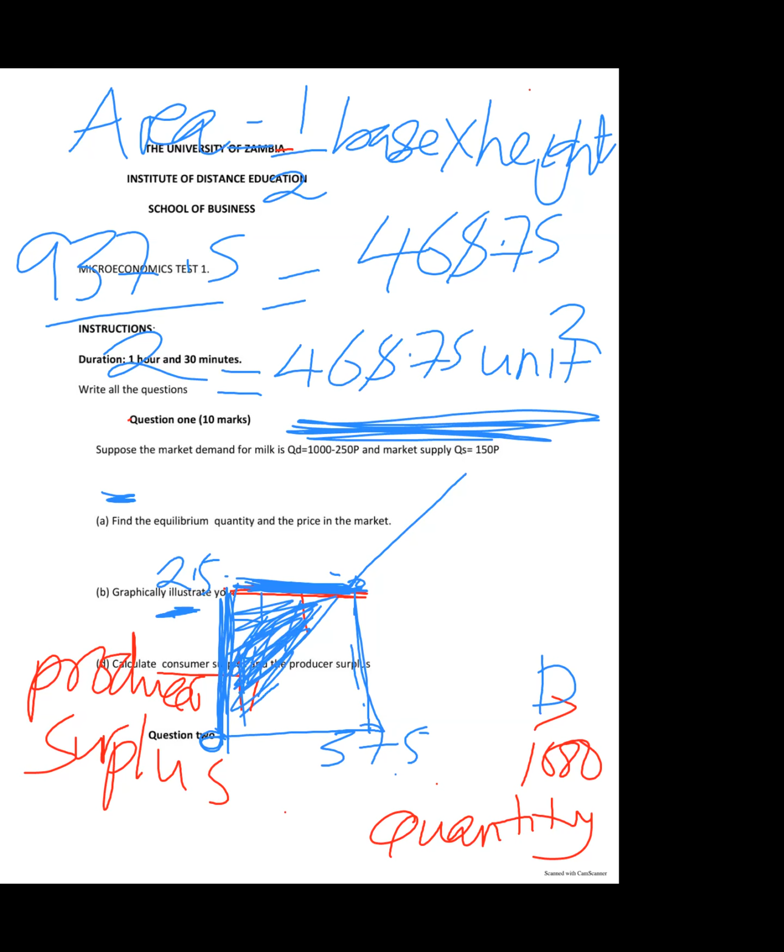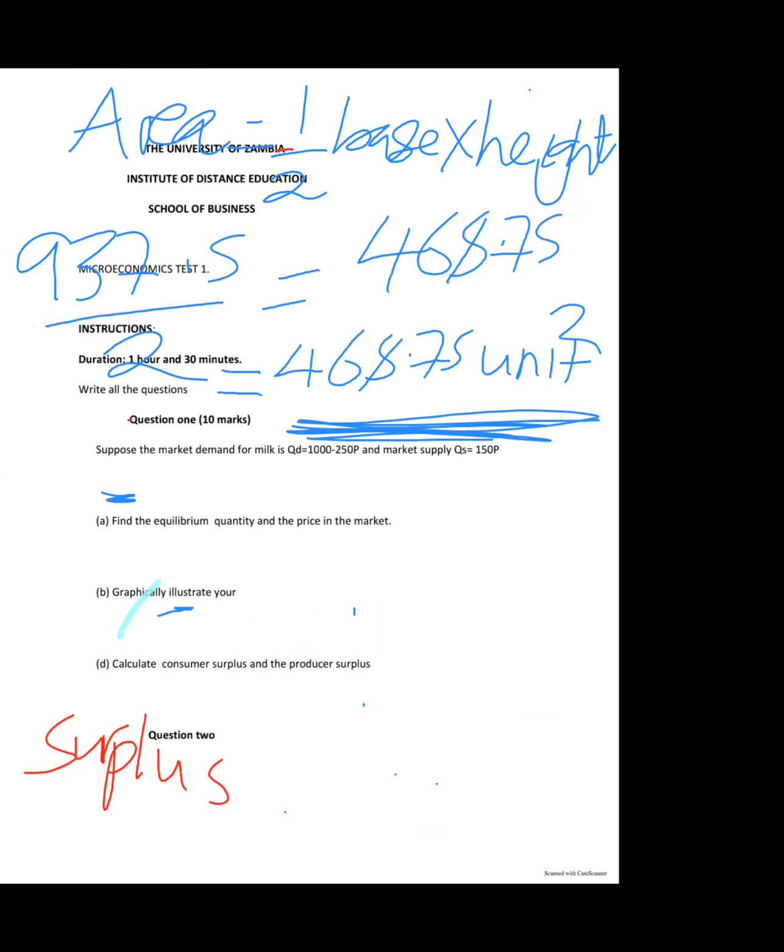What is producer surplus now? Producer surplus is the difference between how much the producers are willing to supply the commodity at and what exactly they supply at.